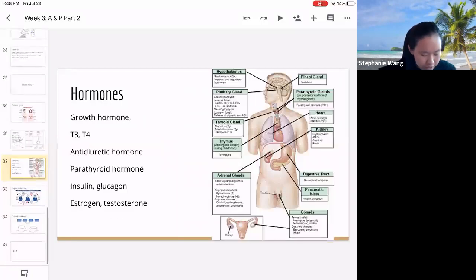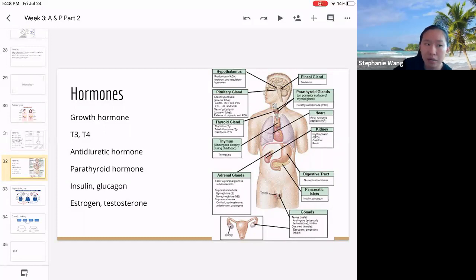Here is a little overview of everything I talked about in slide 30 about what glands secrete what hormones. Some specific ones you should probably know are that the hypothalamus produces antidiuretic hormone, or ADH, which is what I talked about in the excretory system.